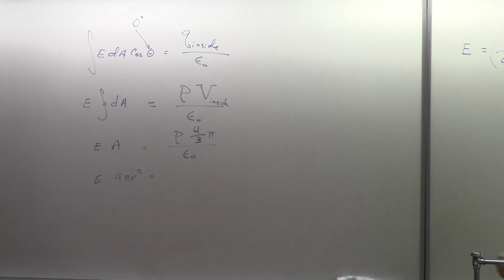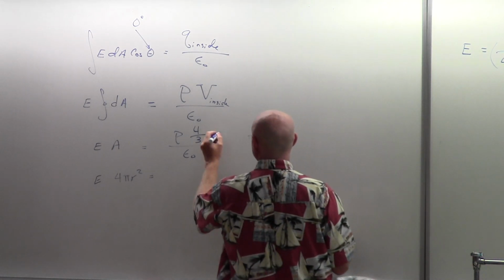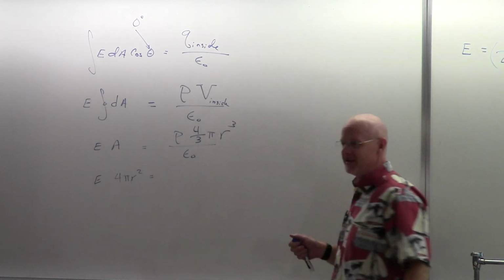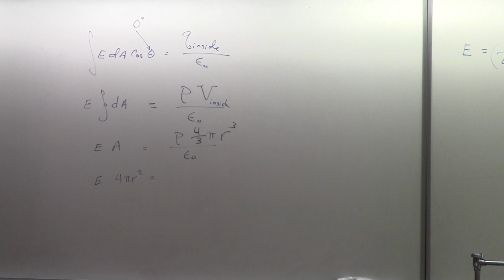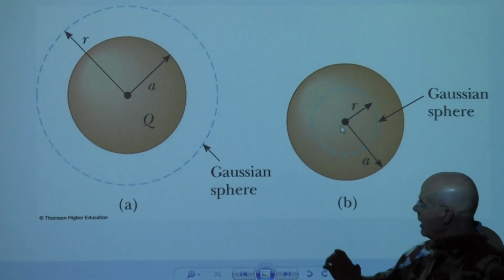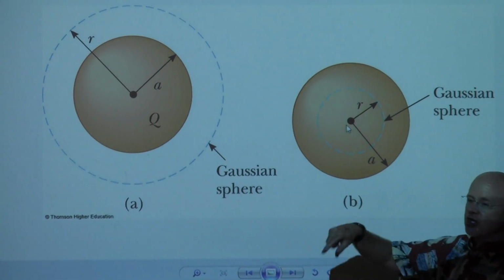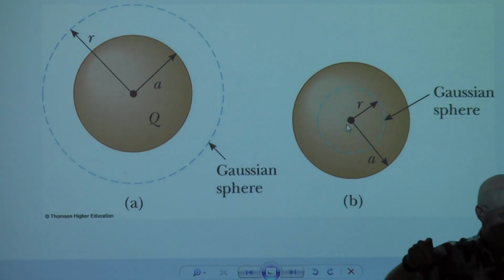And this time it is R cubed. It's R cubed this time. Why? Exactly. I am looking again, want to emphasize this. You are looking for the charge inside the Gaussian surface.